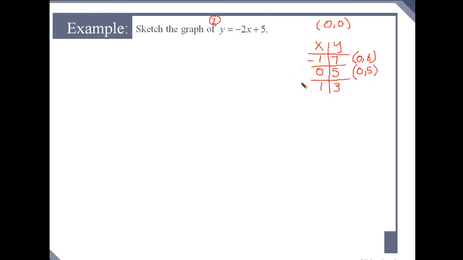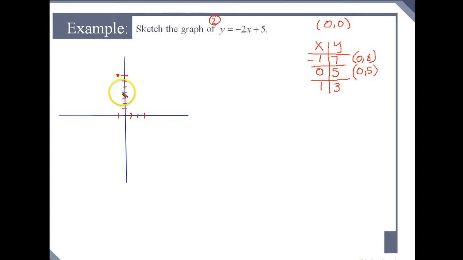So I'm going to graph that. I made a little graph here of the points that I'm going to need. I need a -1 here as well, so I go -1 for x. I'm going to go from here over 1, and then I need to go up to 7 right there. Then I go 0, 5.